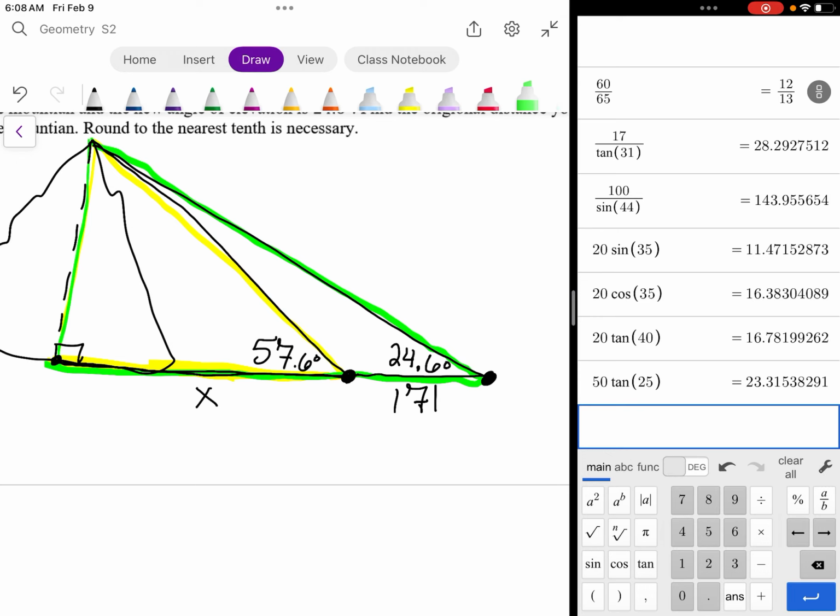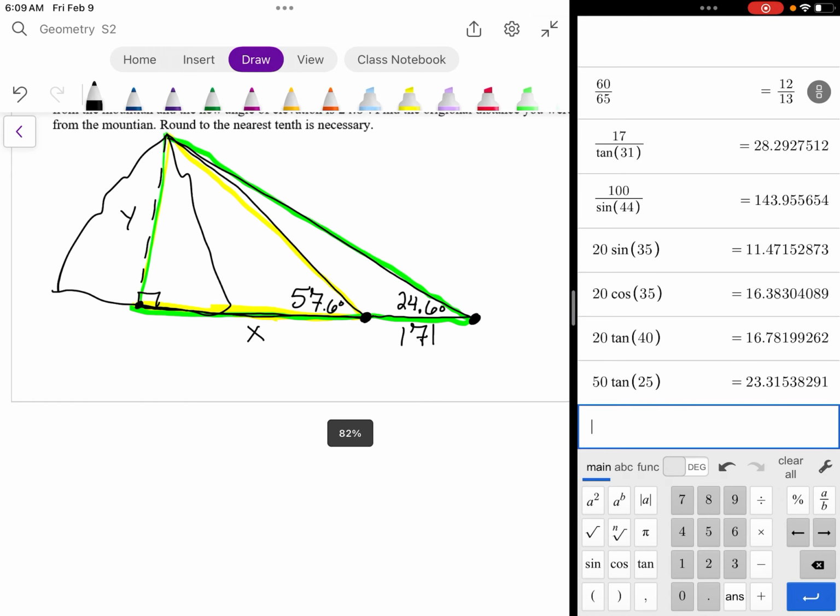If we look at these 2 triangles, the yellow and the green one, they have one side in common. We are going to use that side to help us answer our question. So we're going to set up 2 different ratios.